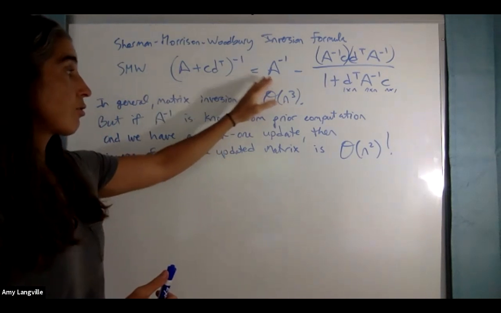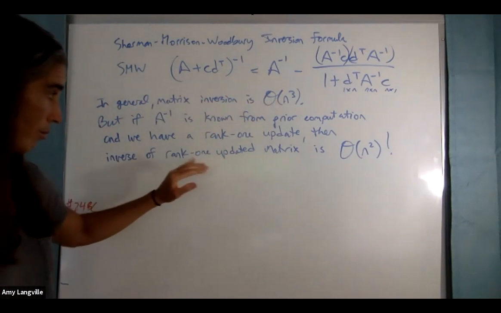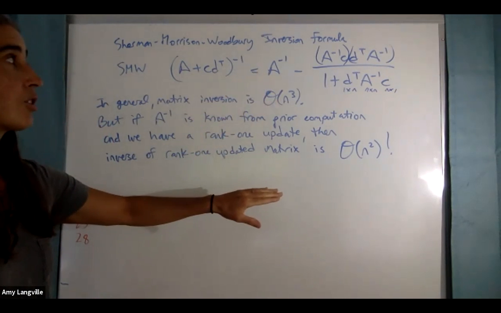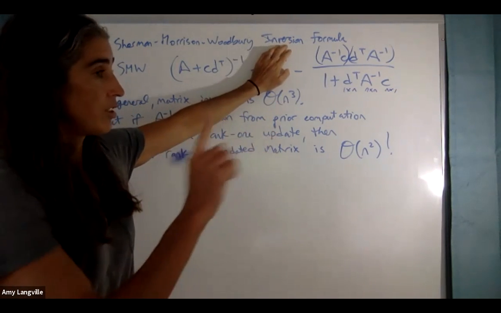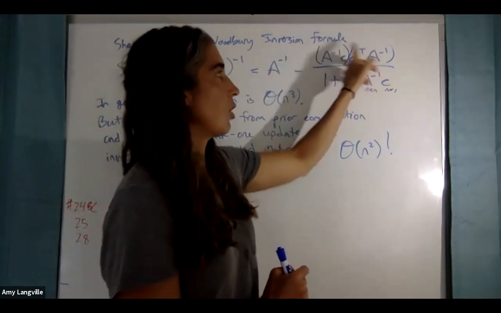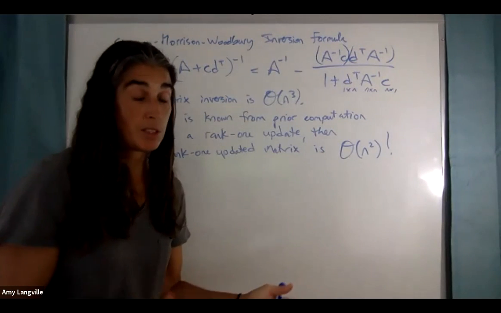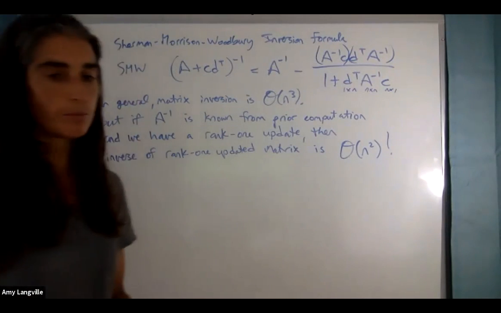We can use this formula, and the inverse of the rank 1 updated matrix is already gotten. We did one-time n cubed work to get that, and then we just do n squared work for this update. We'd much rather do matrix vector or vector matrix multiplication than inversion.